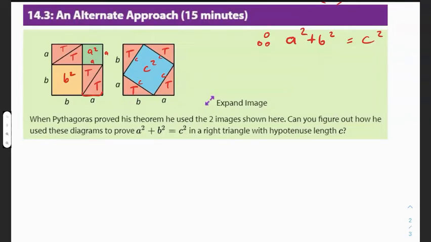Okay. Are these two images the same size? They look like they're the same size for squares, right? They just carved them up in different ways. So we do have four triangles on the left square, plus the green triangle, the a squared, plus the b squared. Let me highlight it. So b squared is that triangle right here.